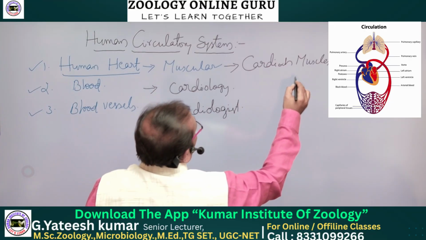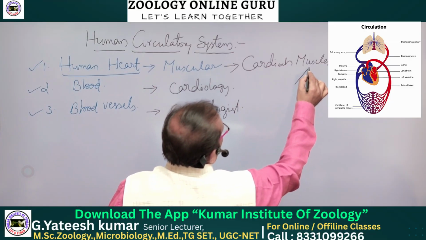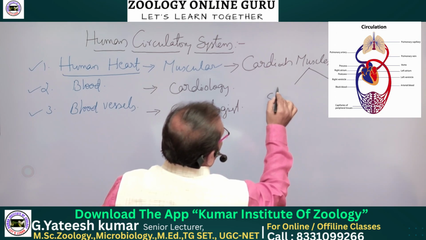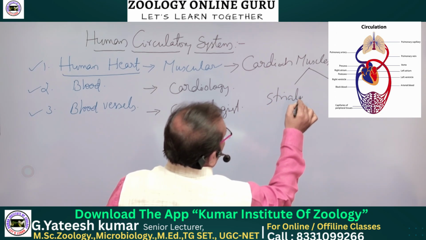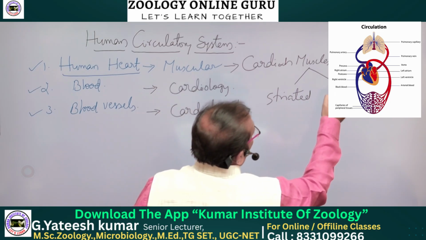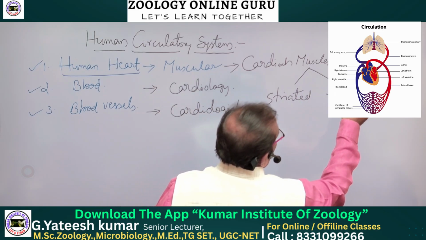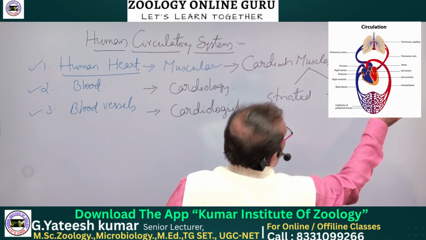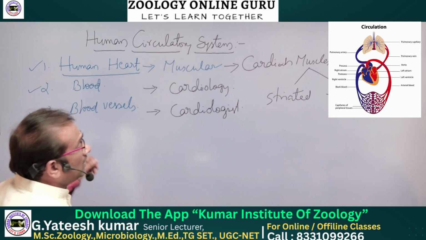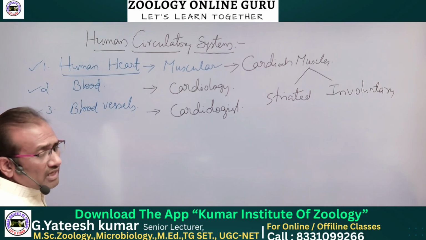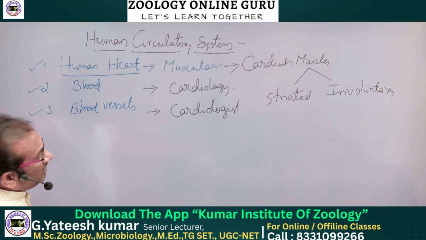The peculiar character of the cardiac muscles is that they are striated like skeletal muscles, and they are involuntary in nature. So they have the characters of both smooth muscles and skeletal muscles.